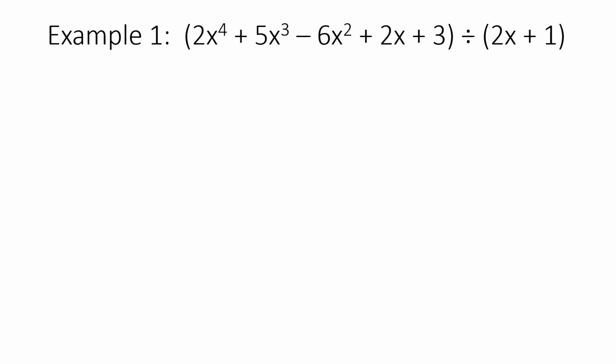Now, this is our setup. This right here is our area, and this right here is the height. So I'm going to set up my rectangle. A good rule of thumb is to look at the degree of the polynomial that you are dividing, the dividend.